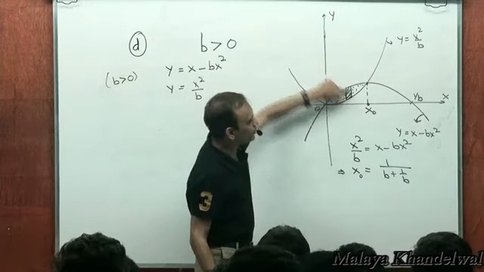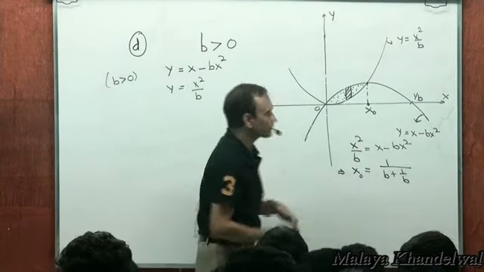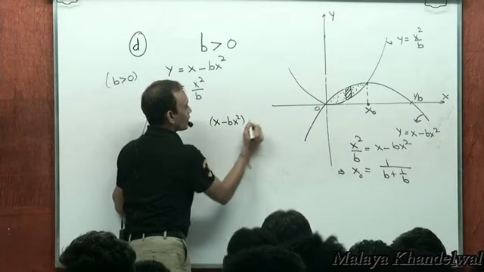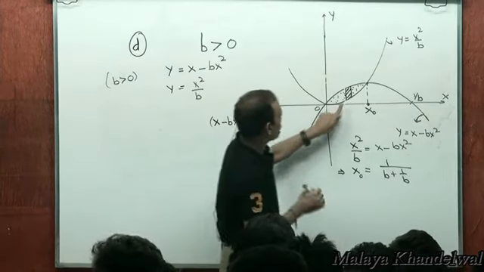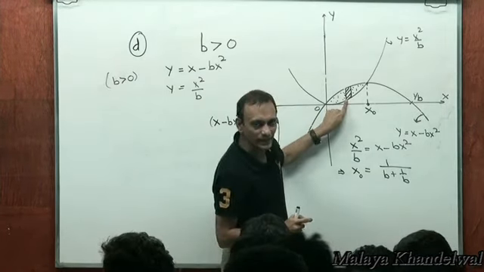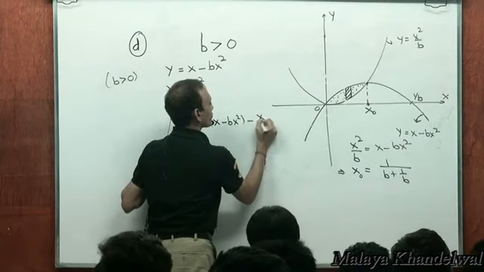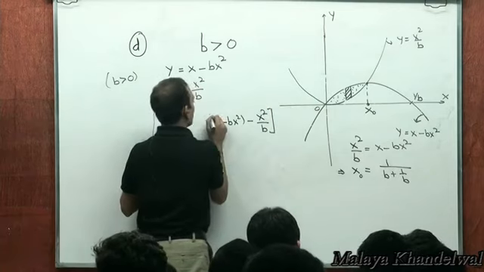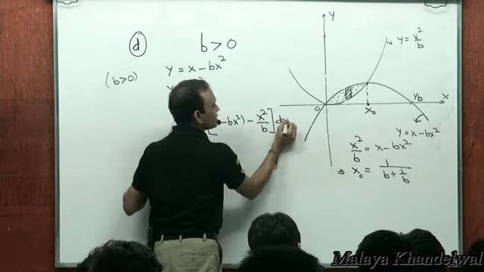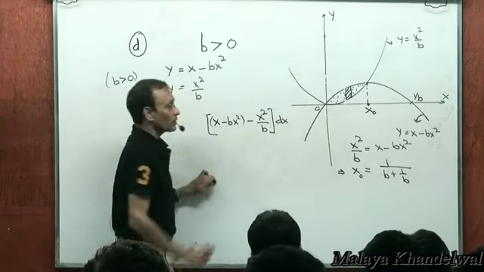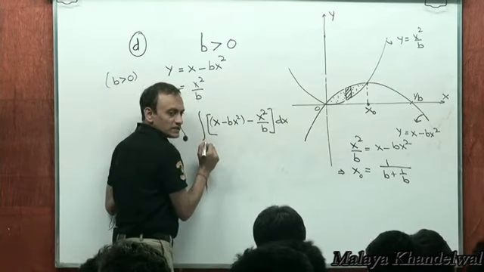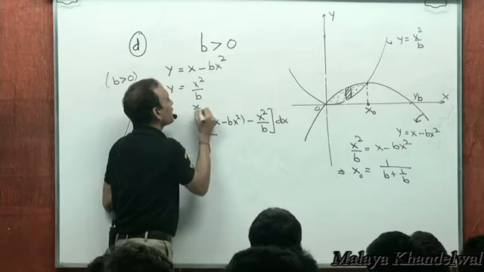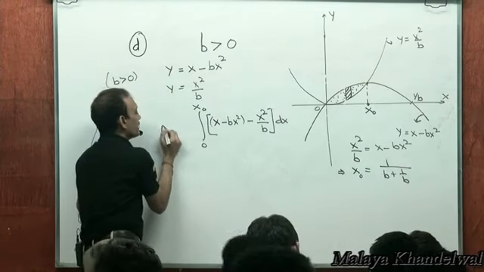Y of the upper parabola is x minus bx squared minus y of the lower parabola, which would be x square by b, into the thickness dx of the strip. Sum up all the areas starting from x equal to 0 to x equal to x naught. That will be the required area.